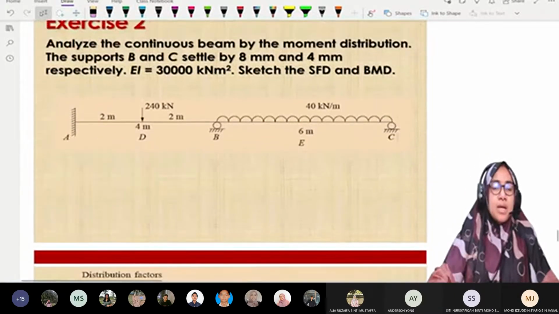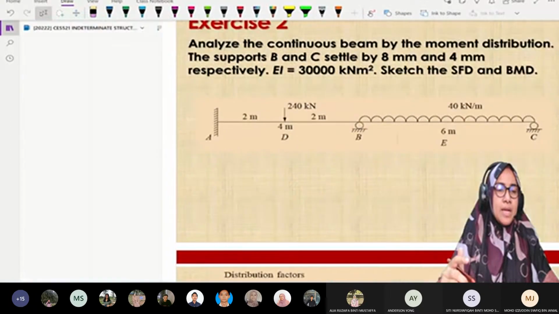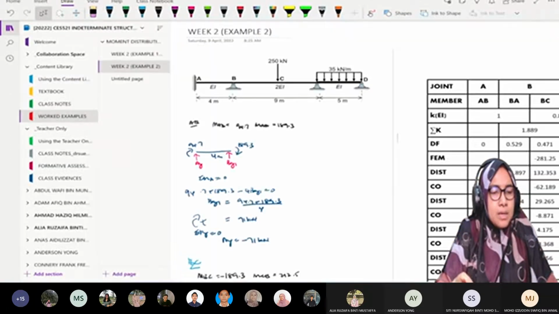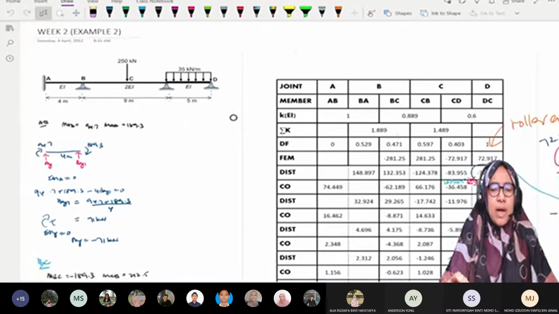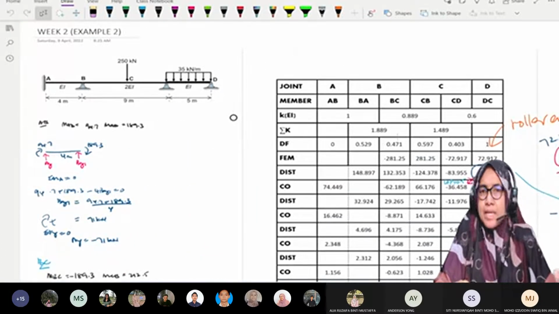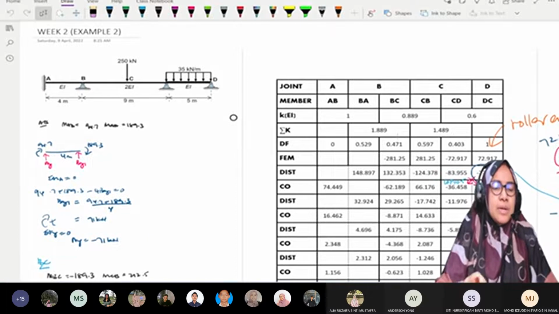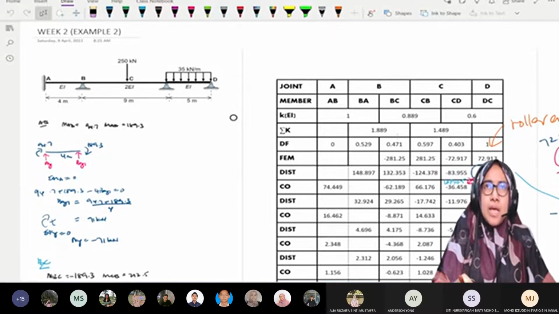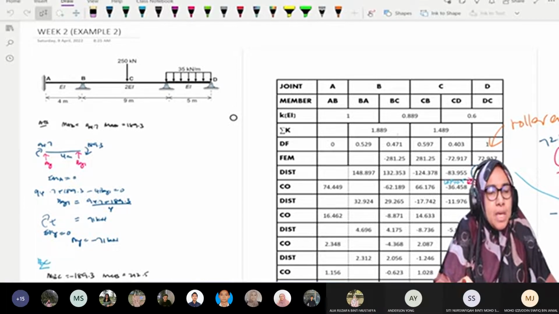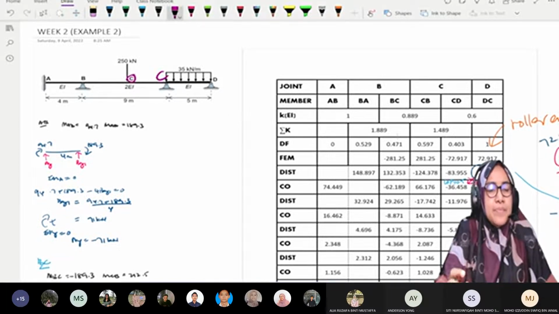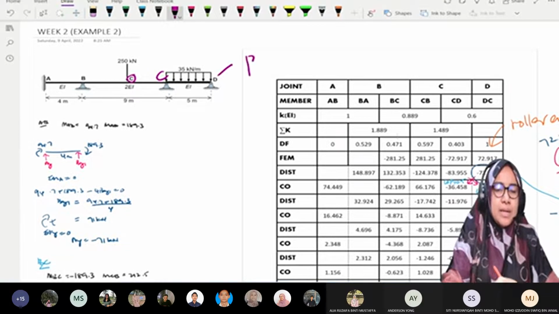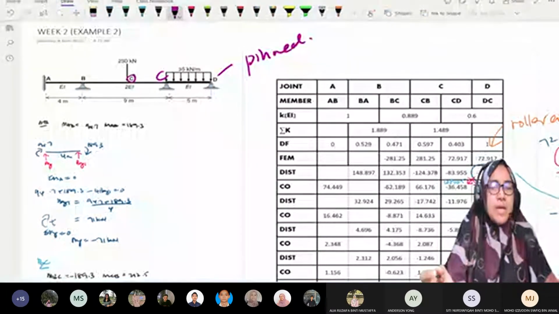Okay, tak apa. So, saya nak tunjuk, nak explain lagi about this. I'm not sure whether yang ni you dah tengok belum. I have actually did this example representing formative 1.2 tu, yang mana AB lepas tu C kat sini, D. So D ni pin.